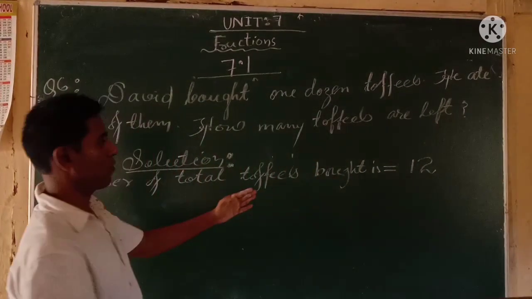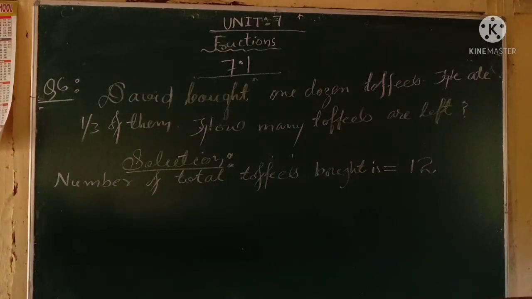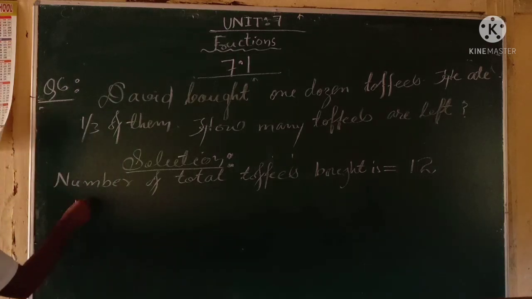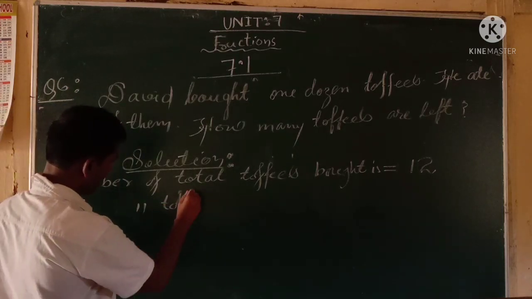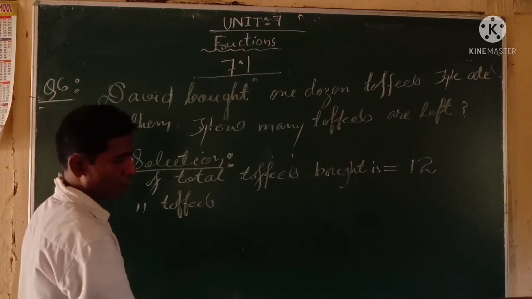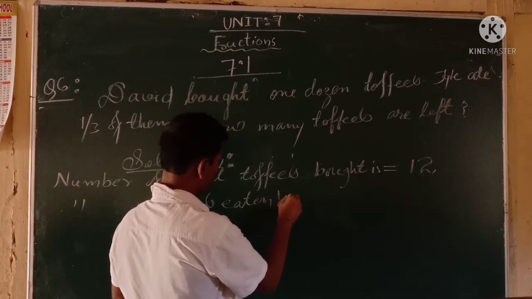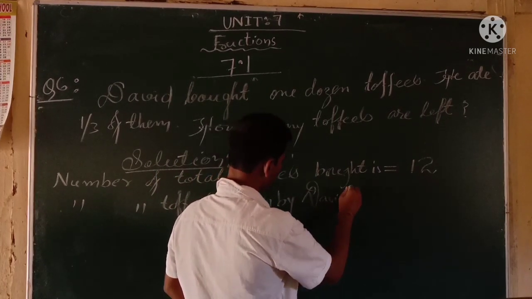Number of total toffees bought is 12. Now the number of toffees eaten by David, not Goliath, okay, David.